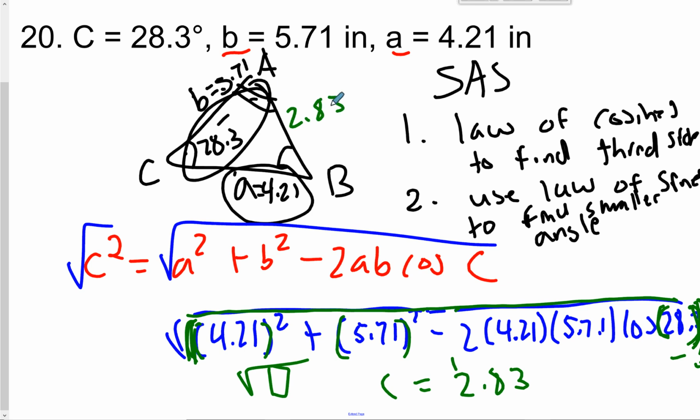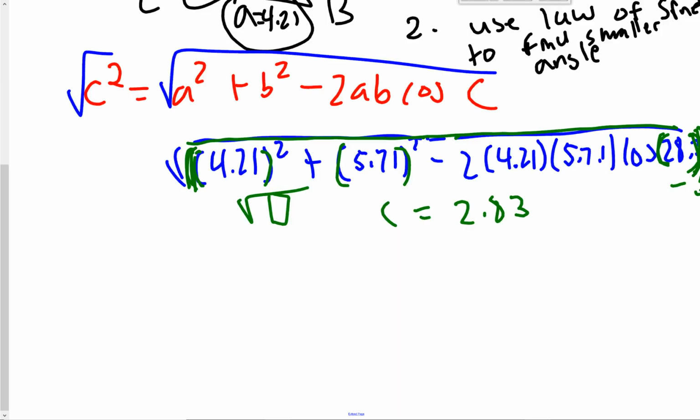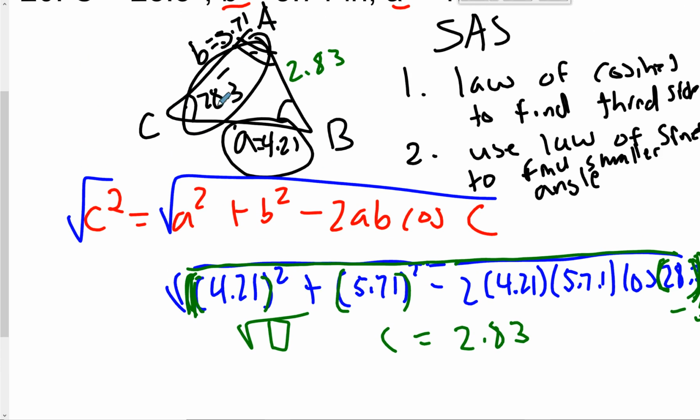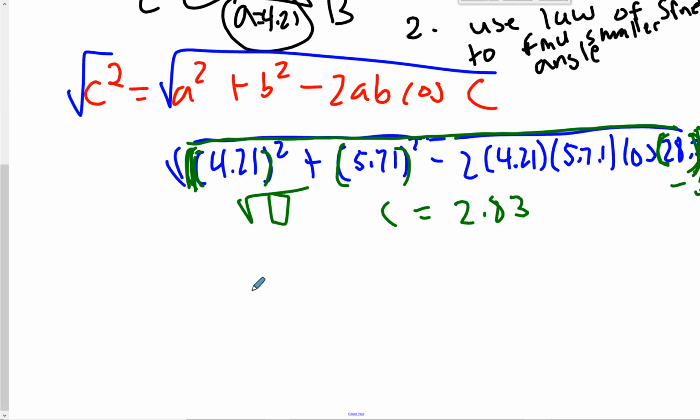So now I have all 3 sides, right? So now that I have all 3 sides, I can go ahead and use law of sines to find out my angle. And so we can find out A, the smaller one, right? So that's smaller from the smallest side. So I want to find out angle A. So sine A would go on top.